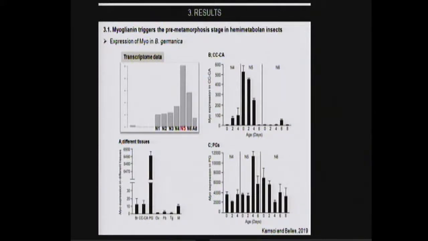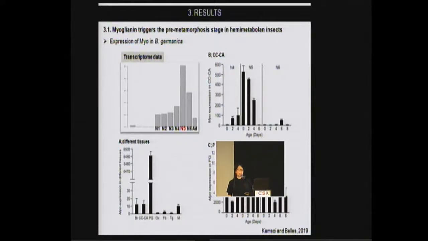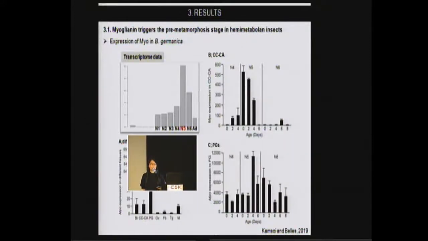But as we were interested in the mechanism that regulates metamorphosis, we studied the expression pattern of myoclonine in corpora allata and prothoracic gland, the two tissues that produce juvenile hormone and ecdysone. In the corpora allata, we found high expression of myoclonine since the beginning of the penultimate instar.